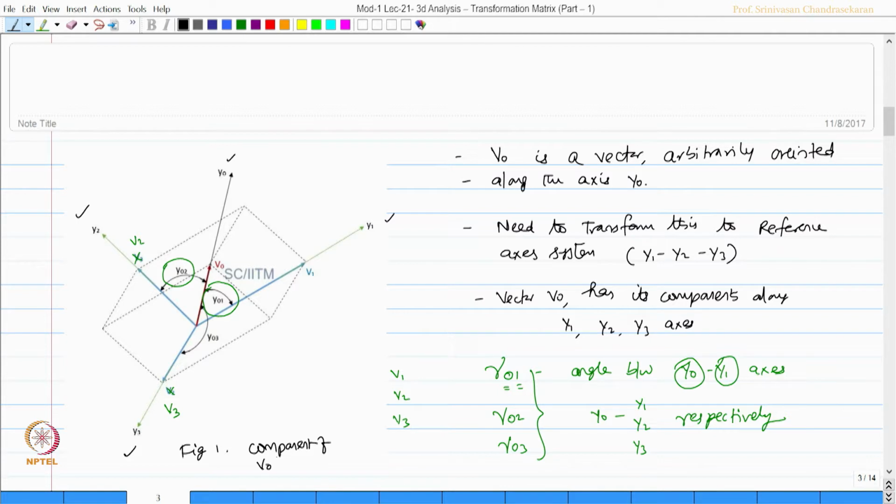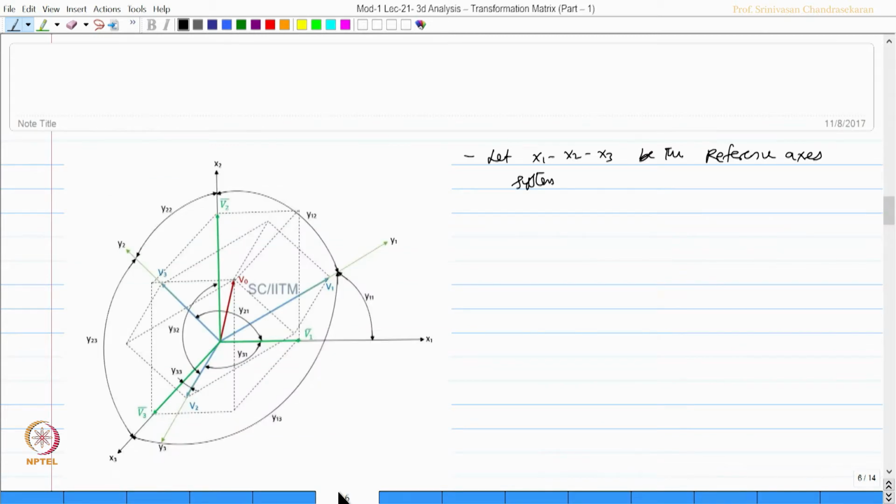components of vector v 0 along coordinate axis. Okay. Let this be figure 2, where we are looking at components of v 0 along reference axis.